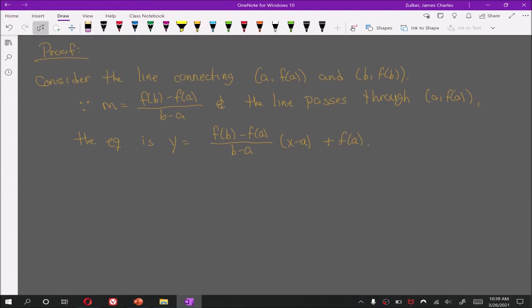What we do now is we let g of x denote the vertical distance between the point x, f of x and the point x, y on that line.